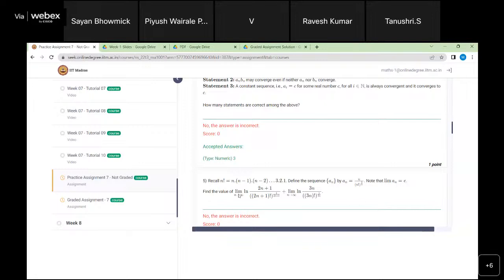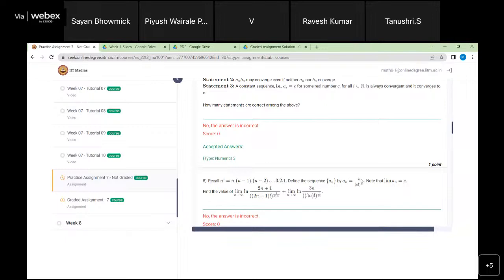So if I put limit n tends to infinity, n factorial, this one is n, right? Wait a second. Okay. So limit an tends to e.